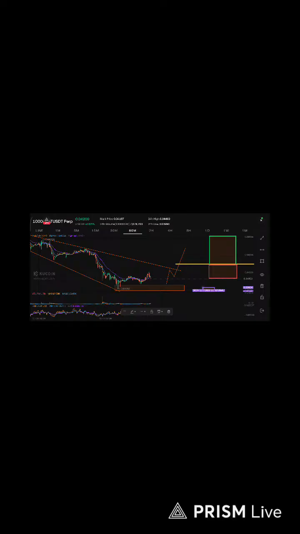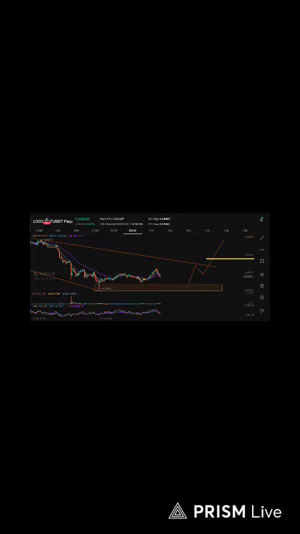Okay, that the market will continue to go down. But as long as the market is still in this triangle, we have to wait for a confirmation before we place any trade, right?